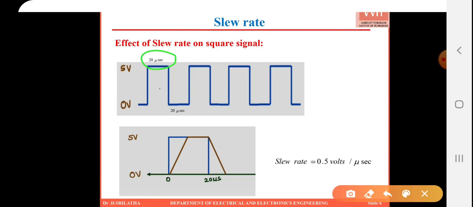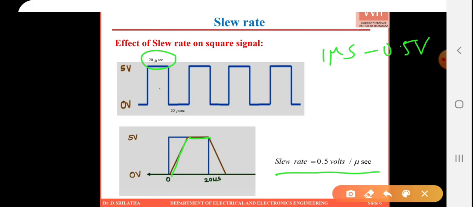It will take some time. Slowly the output will increase up to certain period, and then it remains constant because of the slew rate. For example, here we consider the slew rate of operational amplifier is 0.5 volts per microsecond. What it means? It takes 1 microsecond to raise a voltage of 0.5 volts.